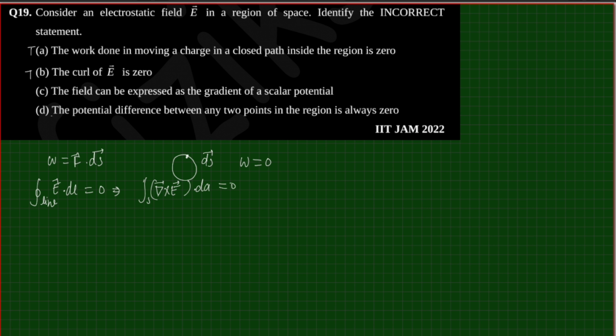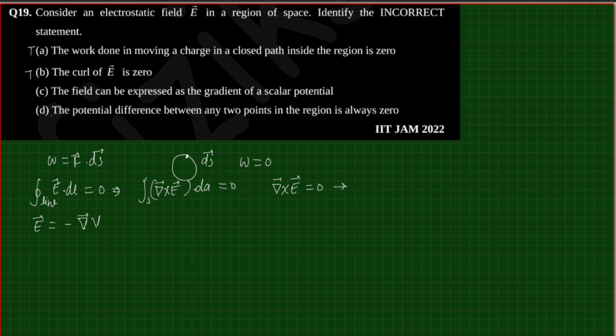This is 0, and this is only possible if del cross E is 0. If del cross E is 0, then the electric field may be written as the negative of the gradient of V.